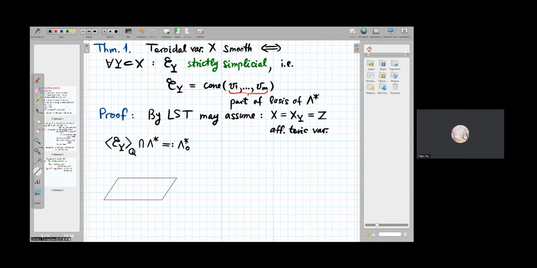In this linear span, we have the cone C sub Y. Let it be, for instance, this cone. This is the cone C sub Y. Well, let me put it in blue.